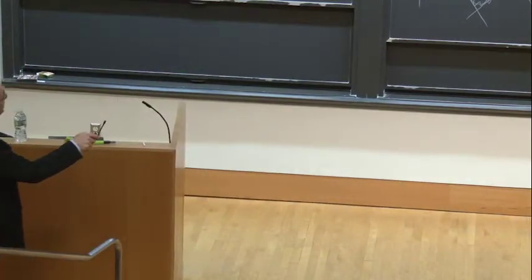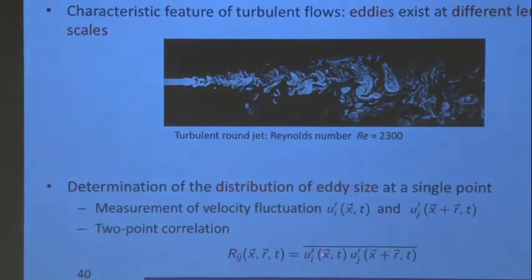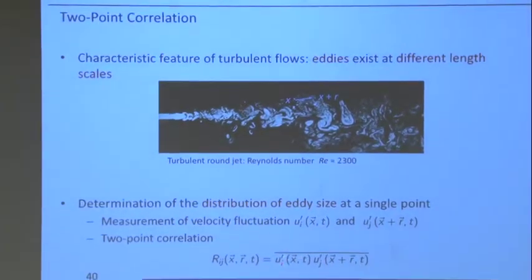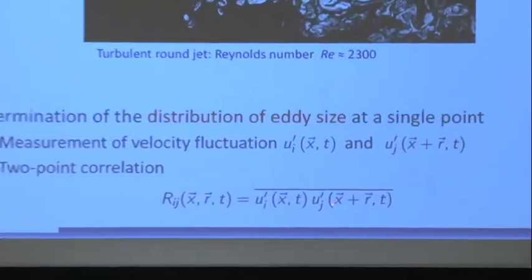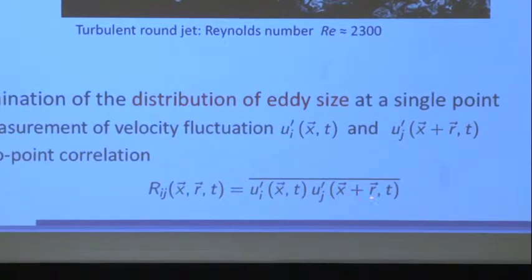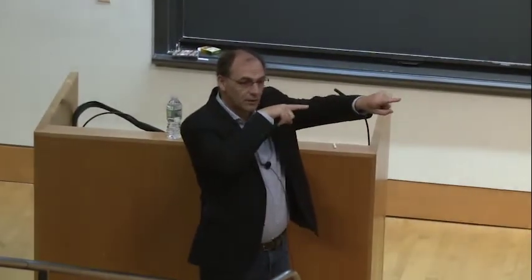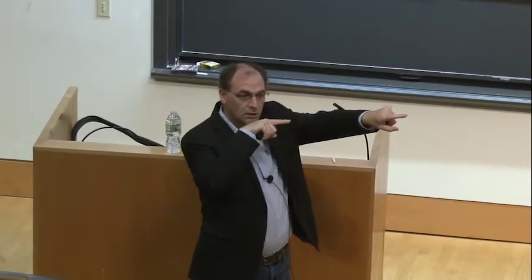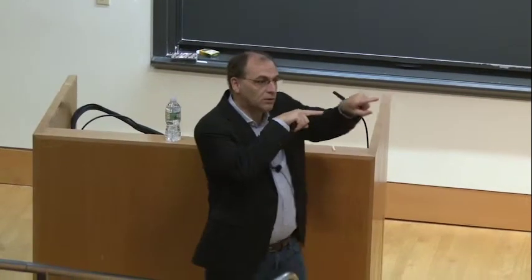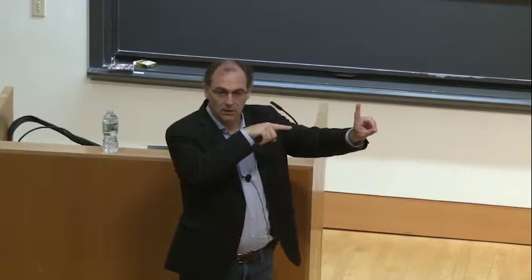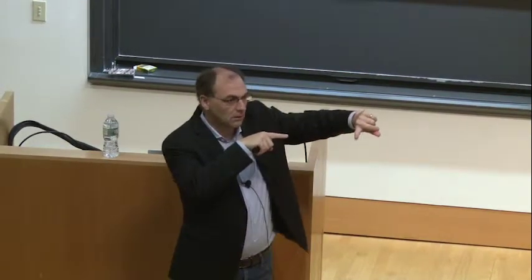So that's what this does: it is the correlation of the velocity at a point x times the velocity at another point, x plus r. You can correlate the same velocity component, ui or u1, or you could also do u1, u2, or u1, u3, and so on.